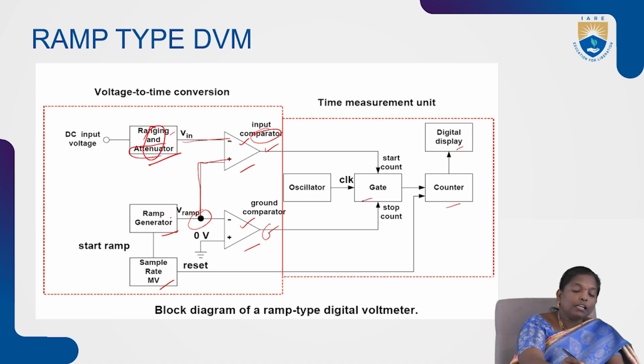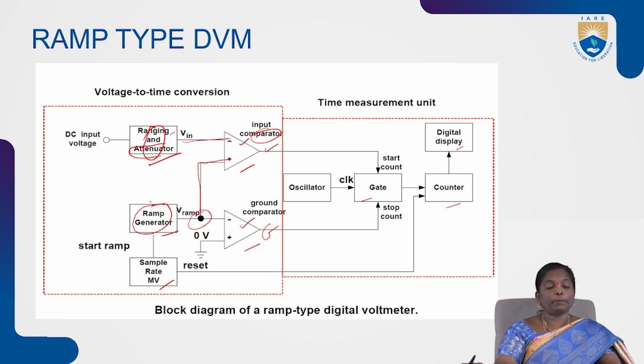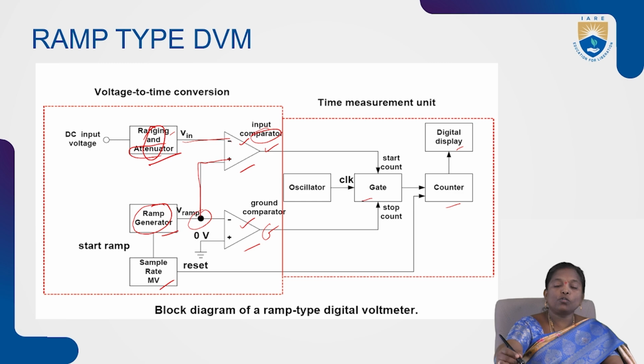The next thing is the ramp generator. This is the most important part in the ramp type of DVM. As the name indicates, the input signal we are applying is the ramp signal. We have two types of ramp signal: positive going ramp signal and negative going ramp signal.